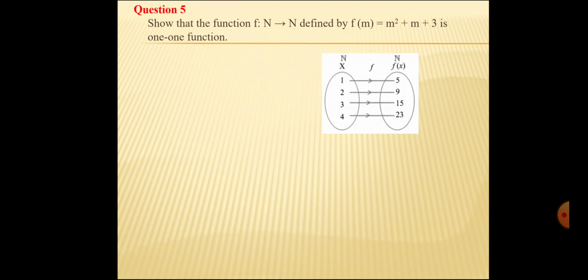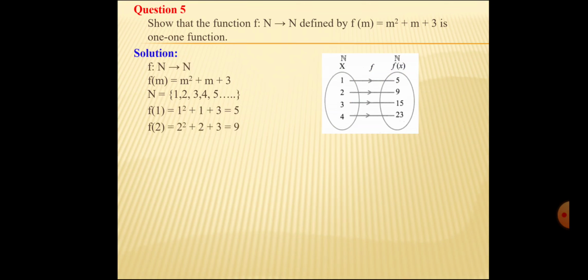Here you want to show only that it is a 1-1 function. The domain is N, codomain also N, natural numbers starting from 1, 2, 3 etc. First substitute 1: 1 square plus 1 plus 3 equal to 5. Next substitute 2: 2 square plus 2 plus 3 is equal to 9. Next substitute 3, 4 etc.